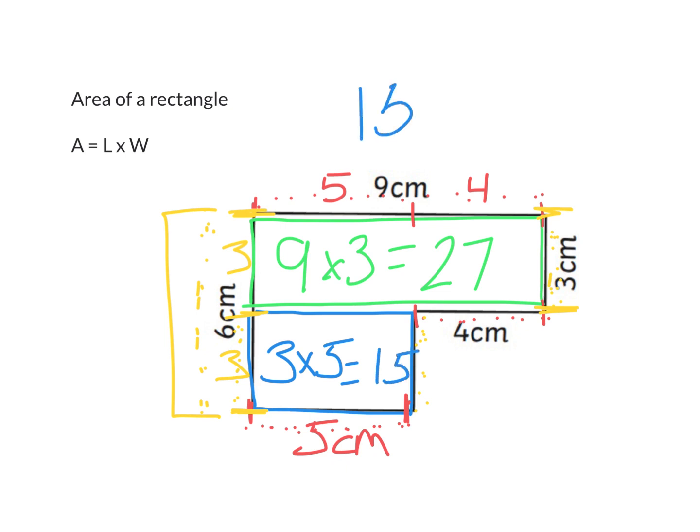And then we combine our areas, and we get a total of 45 square centimeters. So again, we are splitting into rectangles, and sometimes we need to use parallel lines to find missing information.